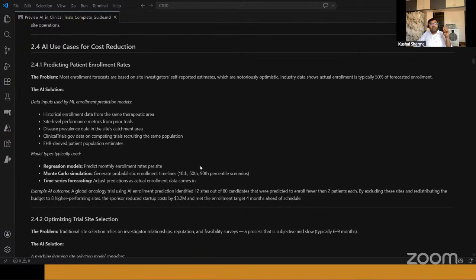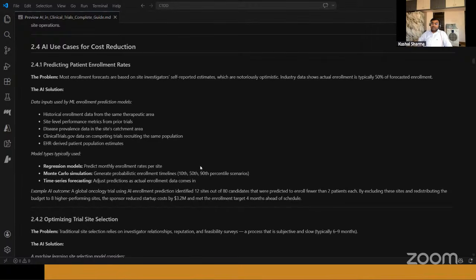So an example AI outcome could be, this is just an example: a global oncology trial using AI enrollment prediction identified 12 sites out of 80 candidates that were predicted to enroll fewer than two patients each.